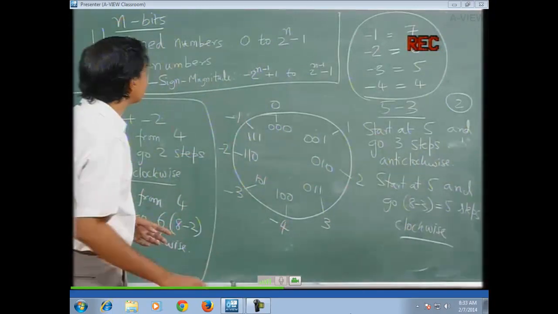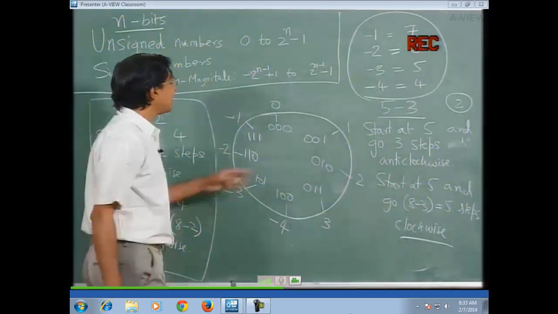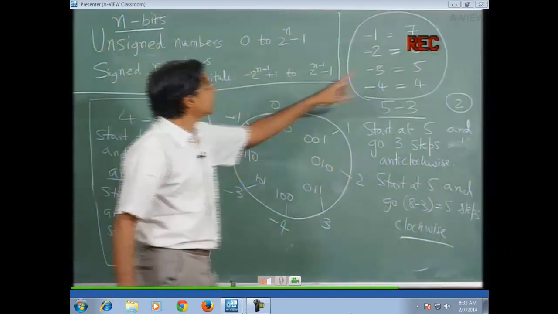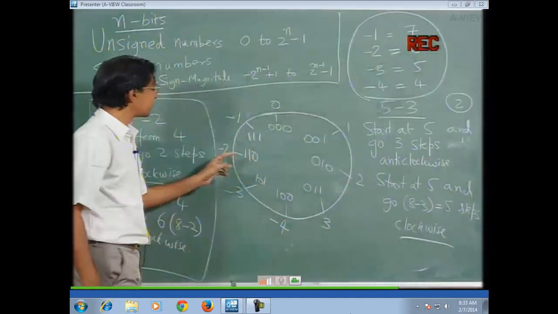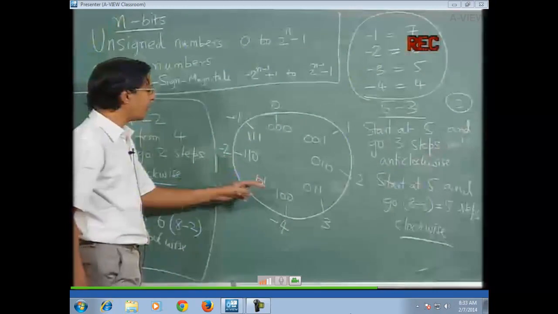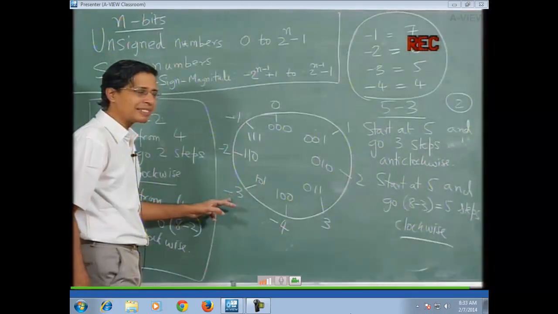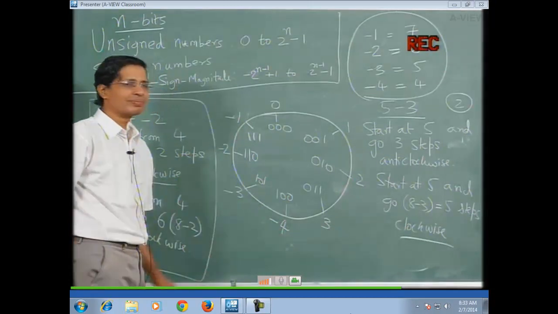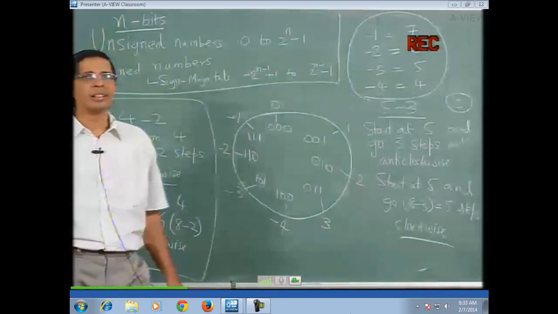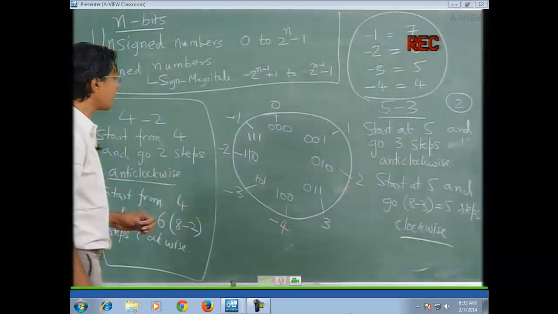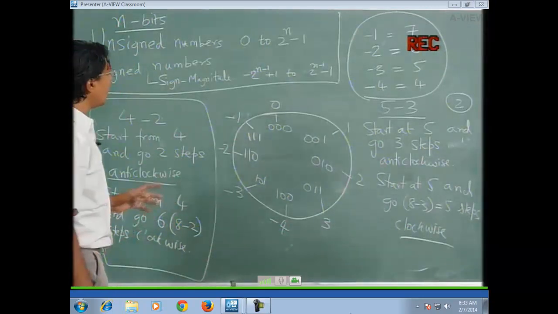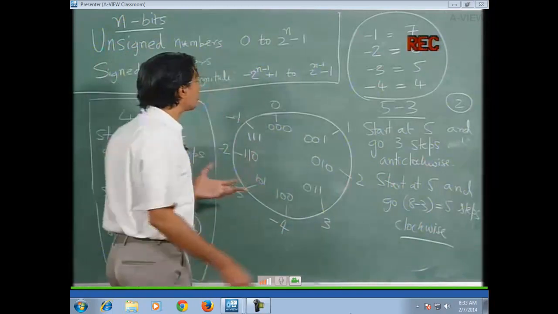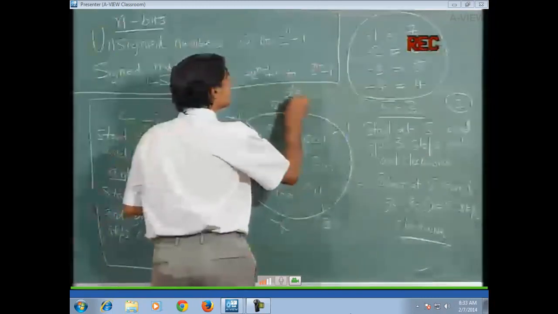Now what happens? Please understand, 7 is modeled as minus 1, 6 is modeled as minus 2, 5 is modeled as minus 3, 4 is modeled as minus 4. So we have achieved what we want. This is called 2's complement representation.